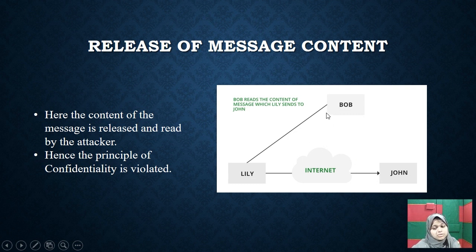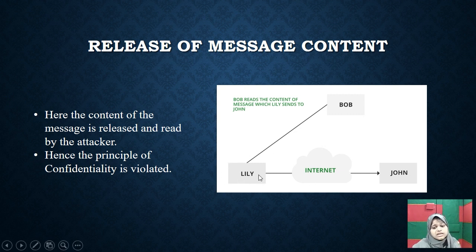He is trying to read the content of those messages. Such a thing is a passive attack. Lily is not aware whether Bob is there or what he is reading. She thinks she is communicating with John directly. There is no third man involved in this communication, no one who is listening.